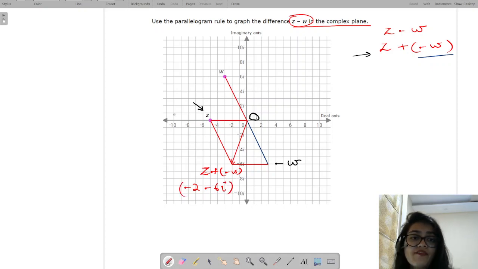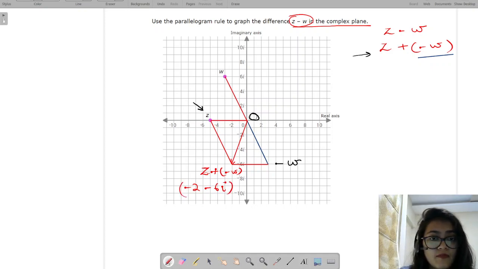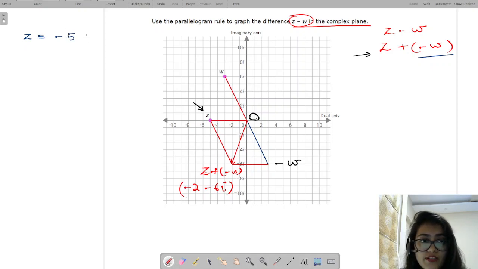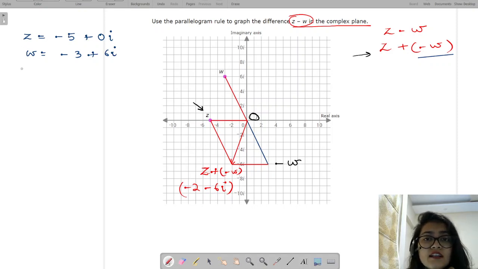Now let's just verify our answer. We originally had Z as negative 5 plus 0i because it's on the real axis, and our W was negative 3 plus 6i. So we want to find out Z minus W. Let's subtract these two.